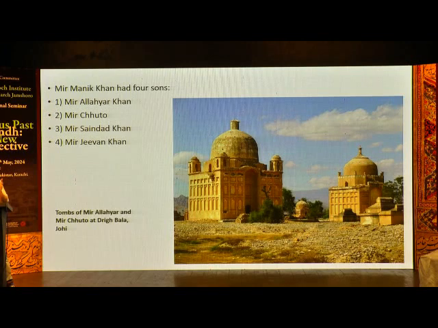Mir Alayar, Mir Chutto, Mir Sandad and Mir Jeevan. And all are buried in the necropolis or the cemetery of Mir Alayar Khan Talpur at Drigbala in Tadus Johid Taluka. It is also called Mir Alayar Jakuba.